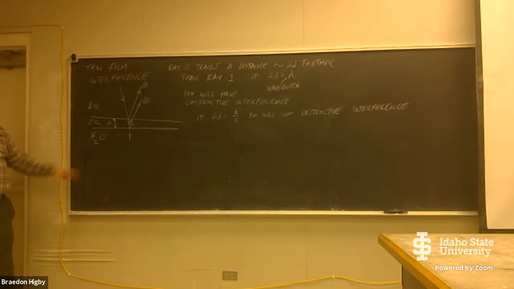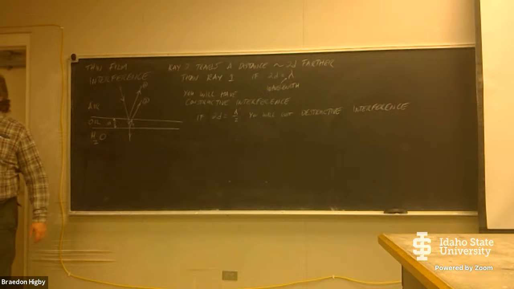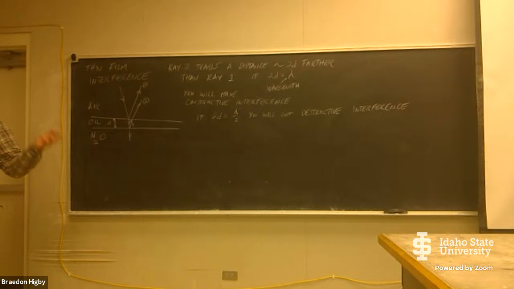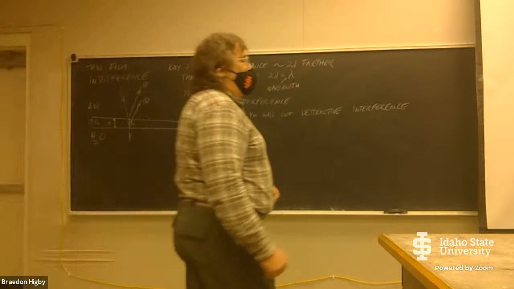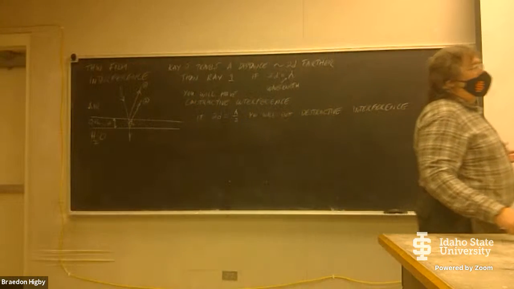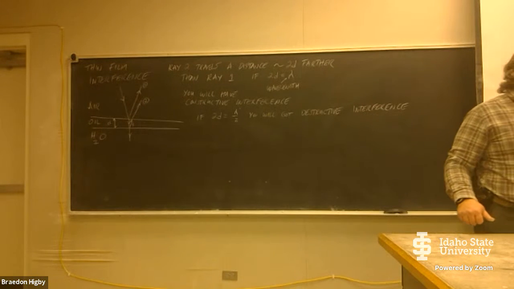But if we had a different film, say we had a soap film in air, you would have a phase shift on that first reflection, but you wouldn't on the second reflection. So you'd get constructive interference when the path difference was a non-multiple of a half wavelength as opposed to multiples of a wavelength.